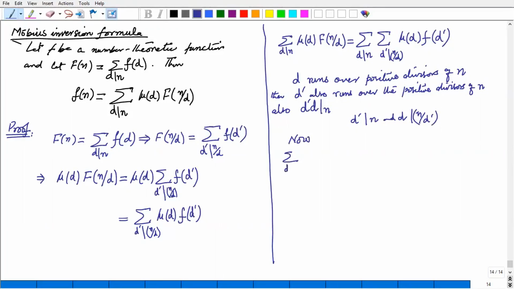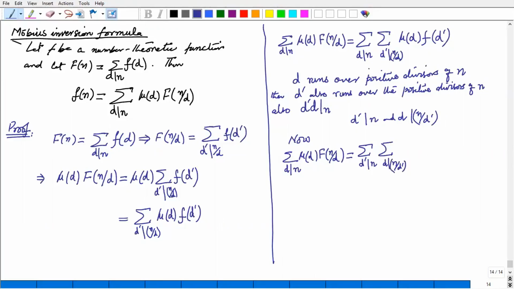the sum where d runs over the positive divisors of n, mu d f n by d, is equal to a sum where we can write d prime runs over the divisors of n, and another sum that runs over the divisors of n by d prime.